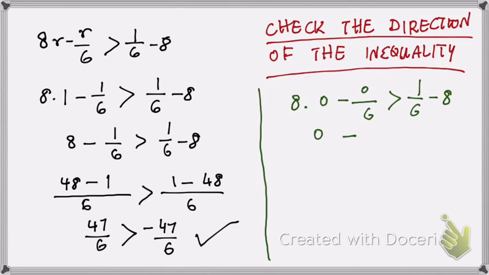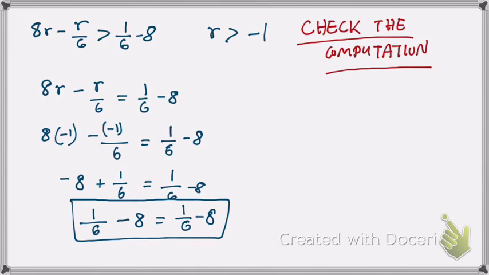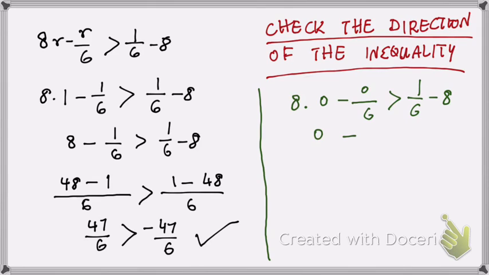Sorry, I forgot to record it, so I'm going to go back and explain what I was doing. In this example, I was explaining that in order to check the solution, first we check the computation, and in the second step, we check the direction of the inequality.